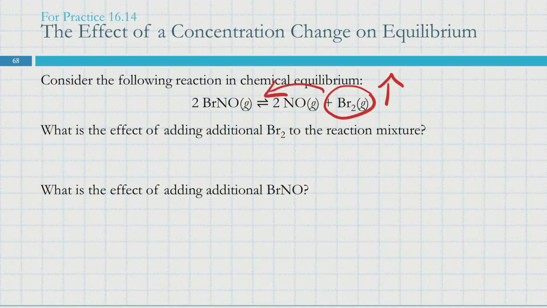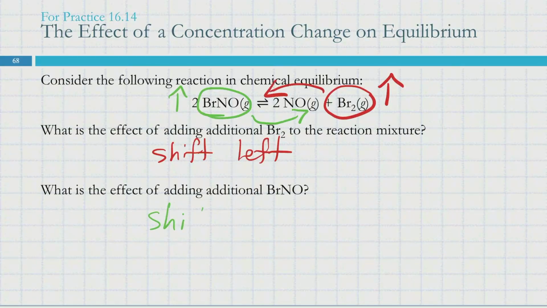We've got extra product. We're going to increase our reaction rate in the opposite direction. If we add BrNO, it's going to shift away. We're increasing our reaction rate. So shift left, shift right.